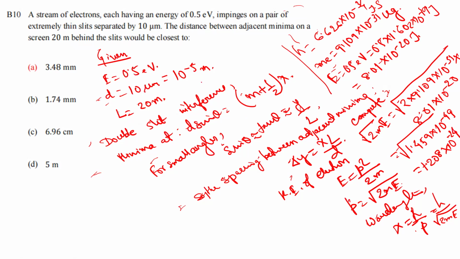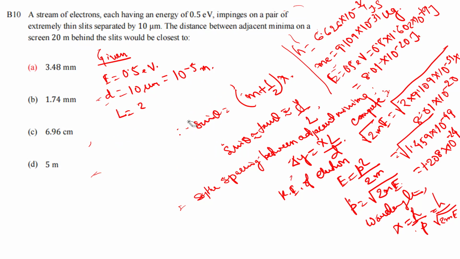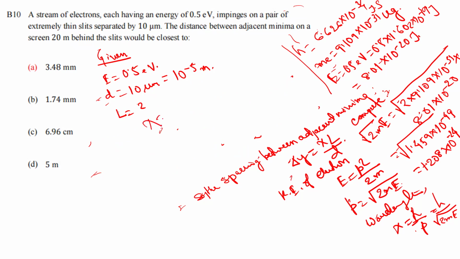Then we need to find the value of lambda. Lambda is h by root over 2mE, so it is 6.626 into 10 to the power minus 34 divided by 1.208 into 10 to the power minus 24.